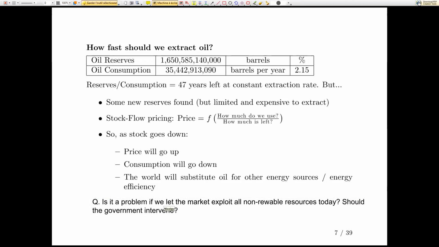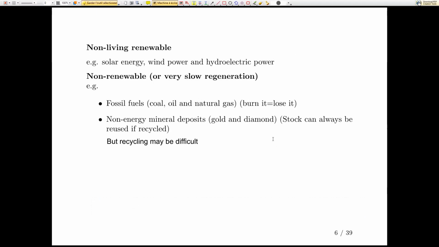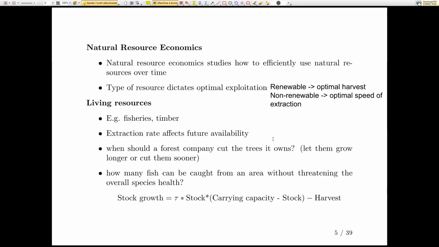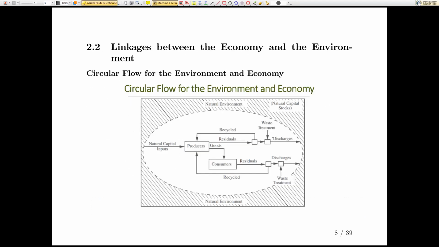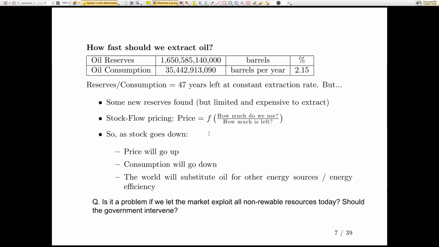This is just to say economists have many things on their plate. We have all these sorts of resources to deal with: non-renewable, non-living, living. So are non-renewable resources being over-exploited? Should we care about this? Should we tax them, for instance, or not?